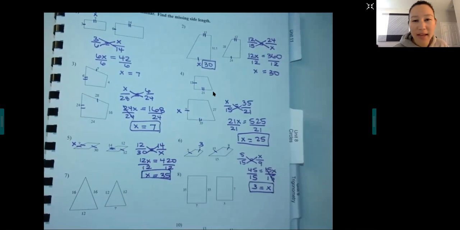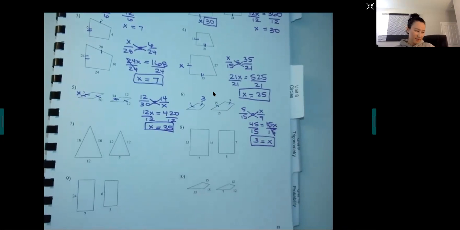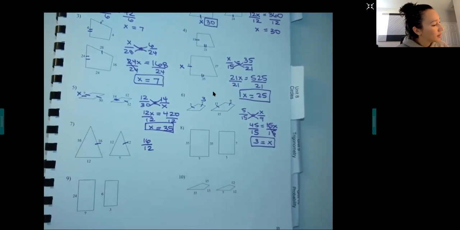Okay, and then Rick, number 7 and 8. Let me finish writing this down real quick. Okay, whenever you're ready. For number 7, I put 16 over 12, and then 12 over x.